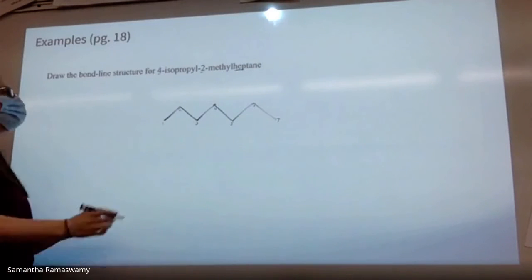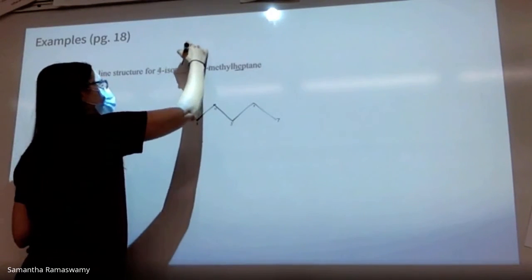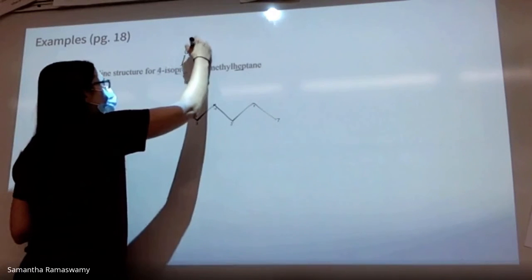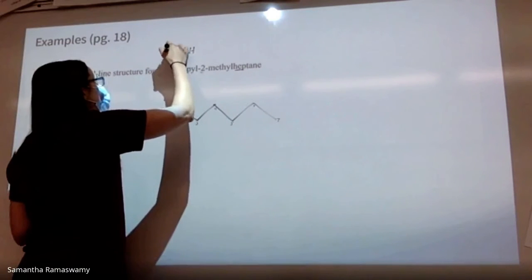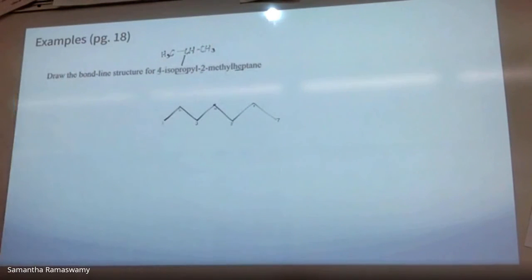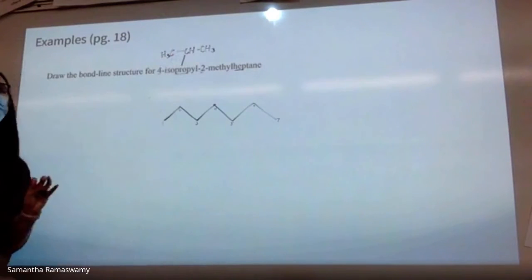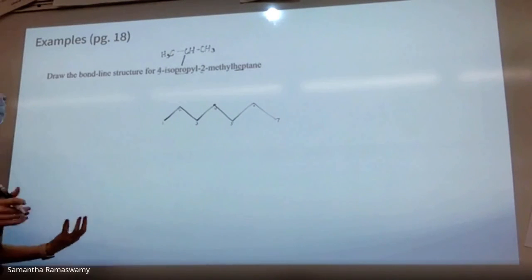Propyl means 3 carbons, so it actually looks like this on your substituent table. It's 3 carbons, but it's attached to the main chain from the center carbon, not from the end. It's not a straight line. That's why it's not just propyl.